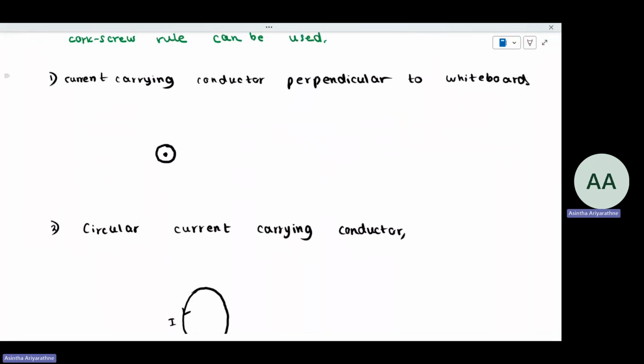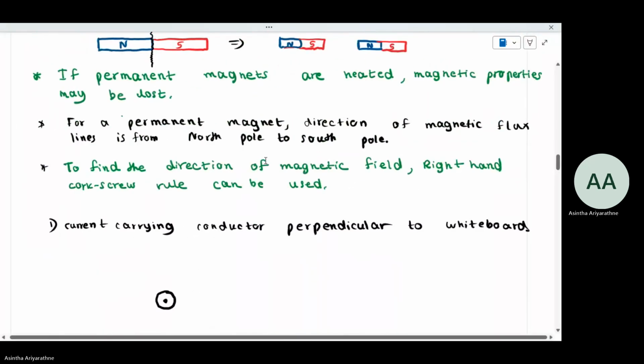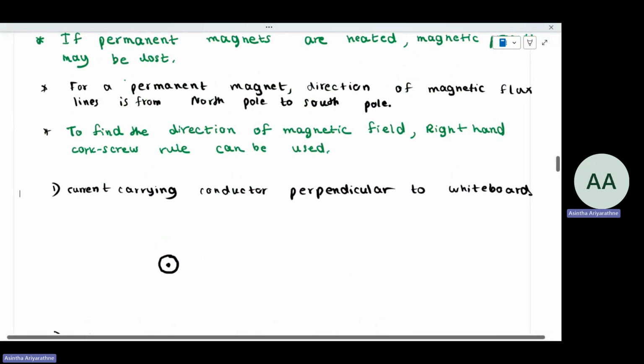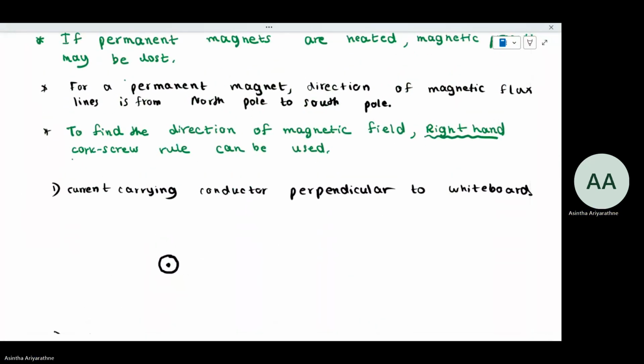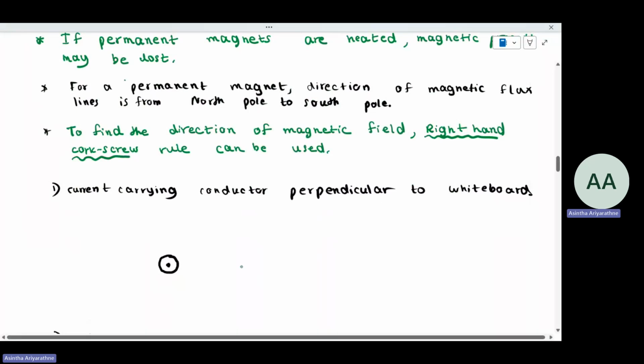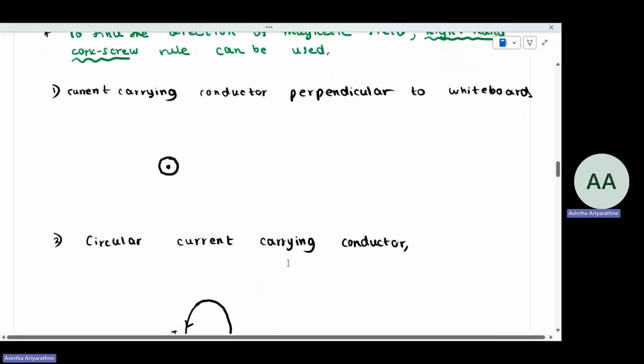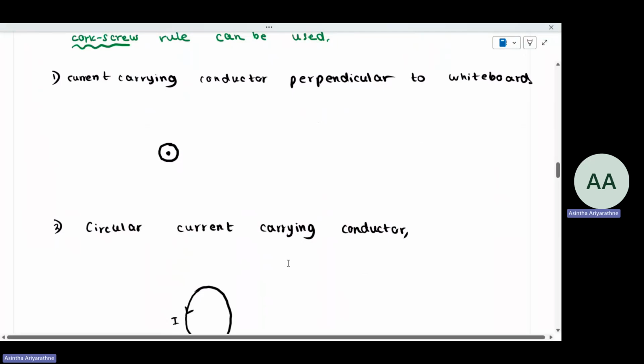To find the direction, we can use the right hand screw rule. In the first case, you have to point your thumb towards the direction of current, which is outward from the whiteboard.